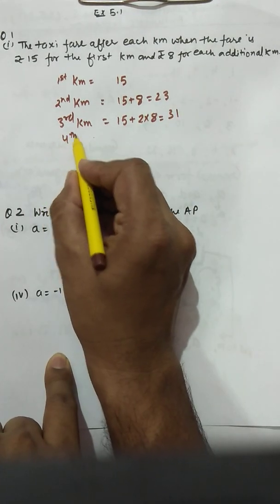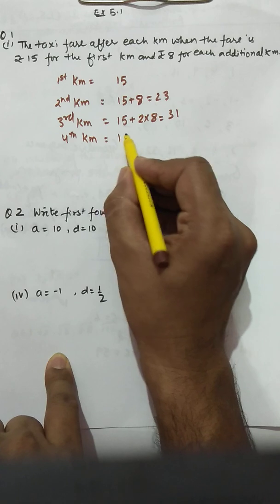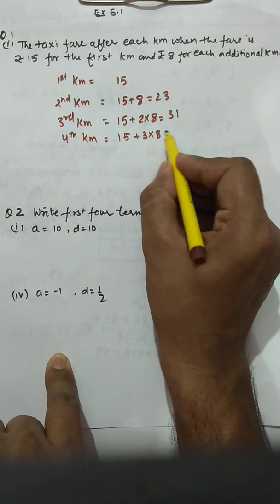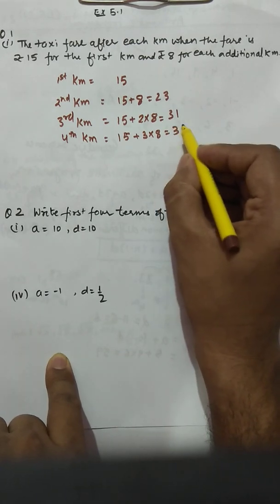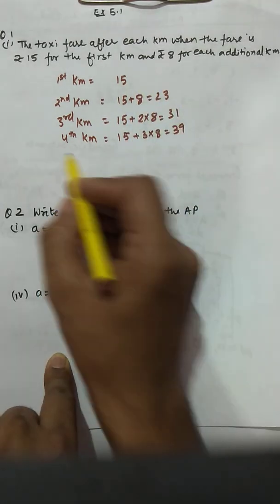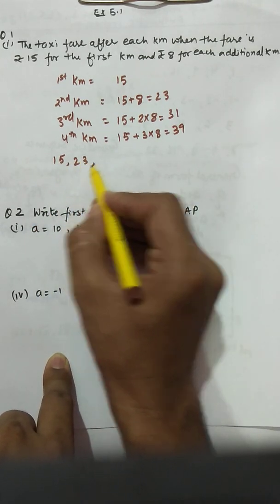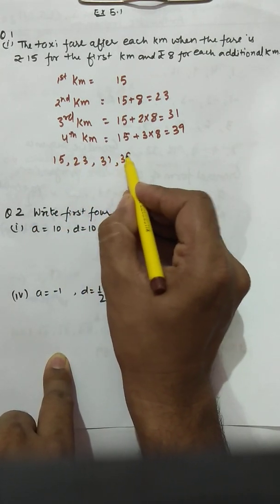For the fourth kilometer you pay 15 for the first, and for the rest 3 kilometers you pay 8, so this is going to be 39. So you write the total fares: 15, 23, 31 and 39.